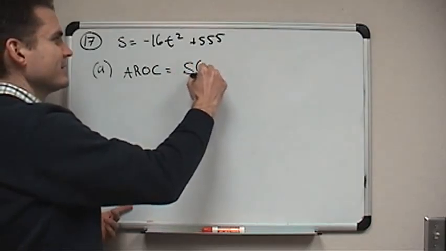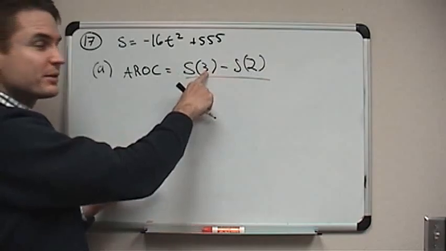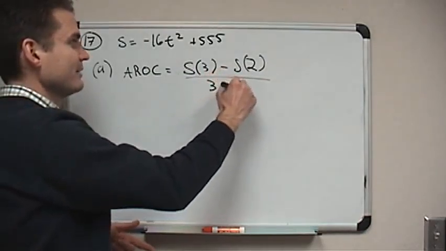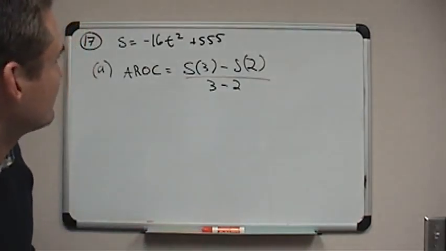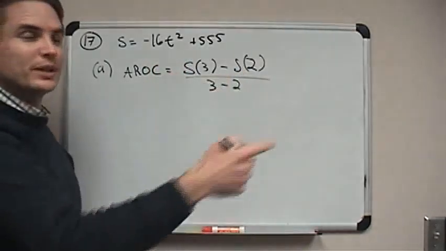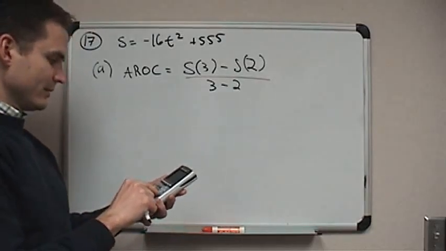We just take the difference in function values, so s of 3, the height after 3 seconds, minus the height after 2 seconds, and divided by the change in time in this case. Well, to compute this, we have to put 3 into this function for t, and 2 into this function for t, and take the difference there. So we'll go ahead and do that real quick.